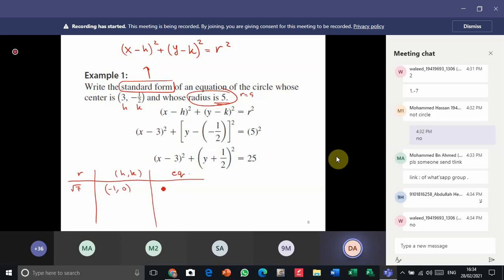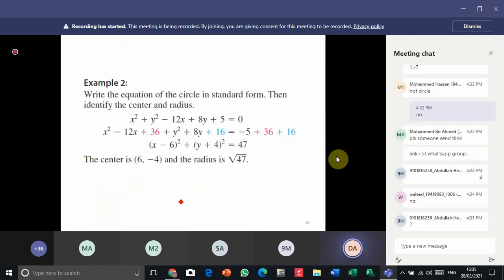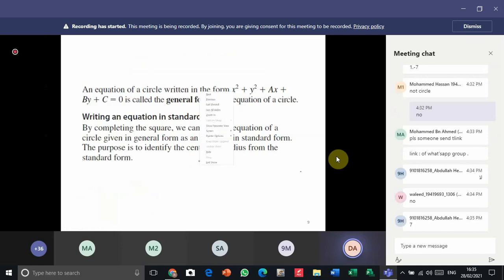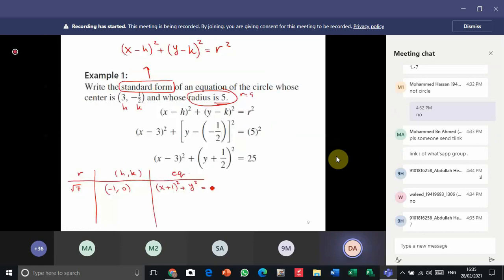The equation equals (x plus 1) square plus, if we have in the center a coordinate equal to 0, so this is y square or x square, depending on the coordinate. And this is equal to what? The square of radical 7 equals 7. Sorry. This is equal 7.